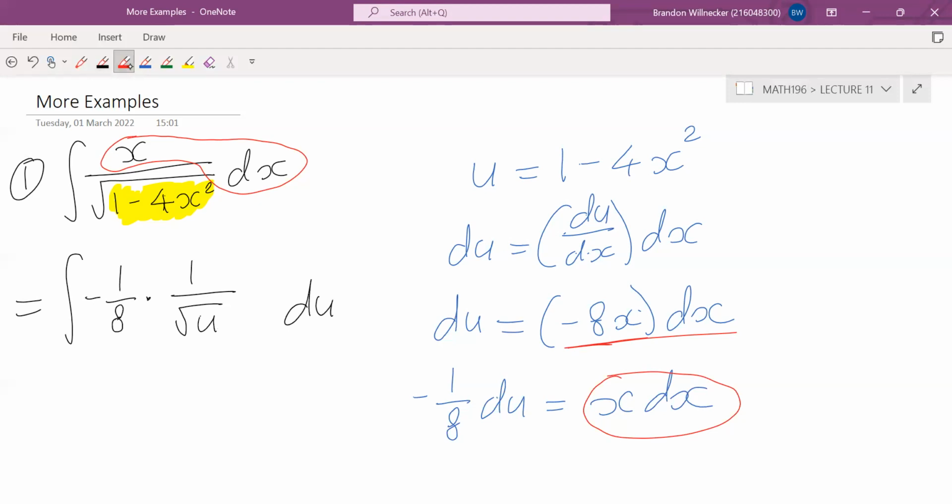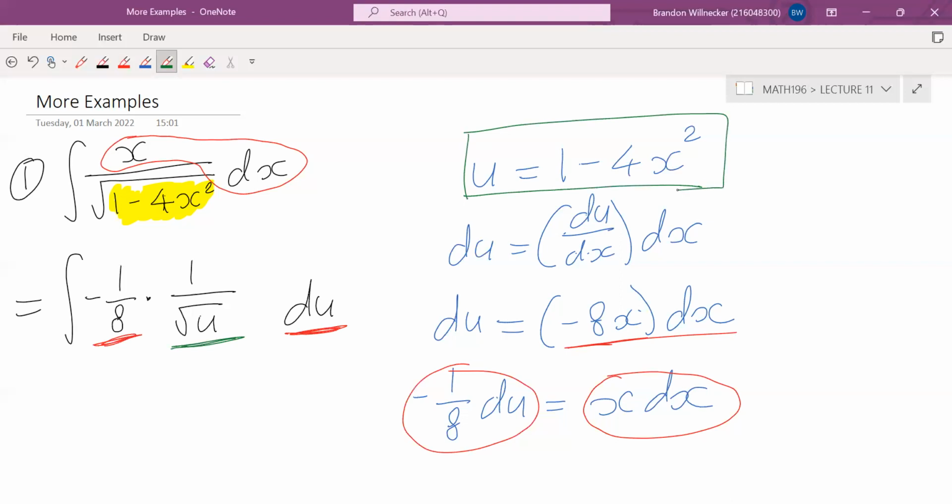Okay, so let's just put this in red here. This x dx becomes minus 1/8 du. And because of our u substitution, 1 over the square root of 1 minus 4x squared becomes 1 over the square root of u. Okay, so this is the color coding that I've used here.